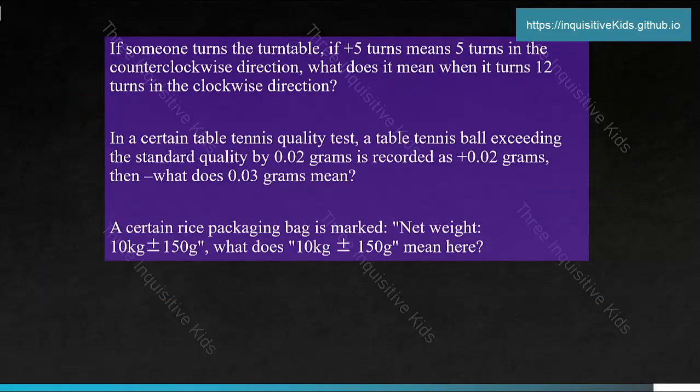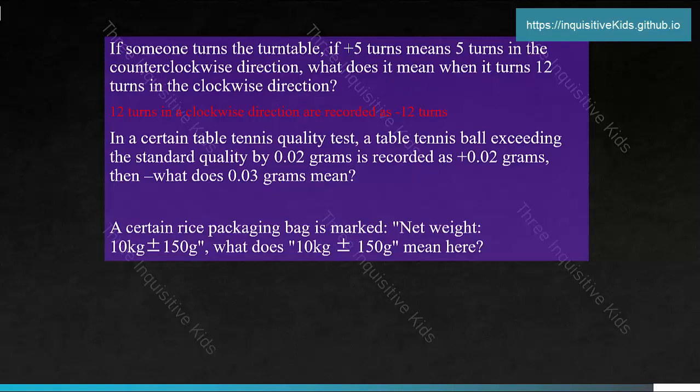If positive 5 turns means 5 turns in the counterclockwise direction, what does it mean when it turns 12 turns in the clockwise direction? 12 turns in the clockwise direction are recorded as minus 12 turns.